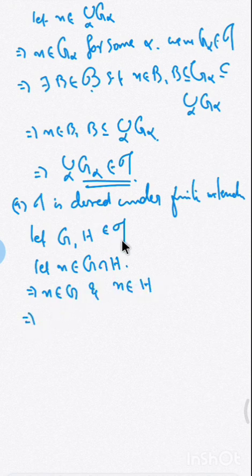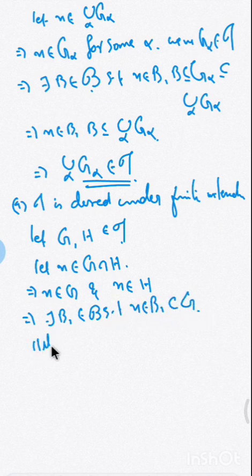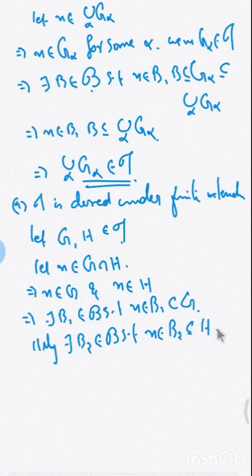A member in tau. Every member in tau has the property that there exists some B1 in script B such that X belongs to B1 and that B1 is contained in G. Similarly, there exists B2 in B such that X belongs to B2 and that B2 is contained in H, because G and H have the property of tau. By the property of tau, we will get some B1 and B2 for G and H.